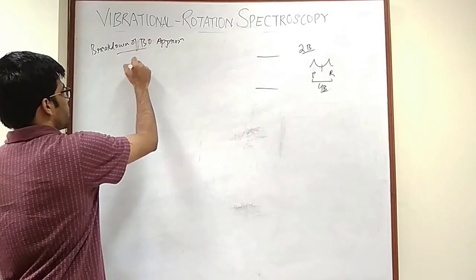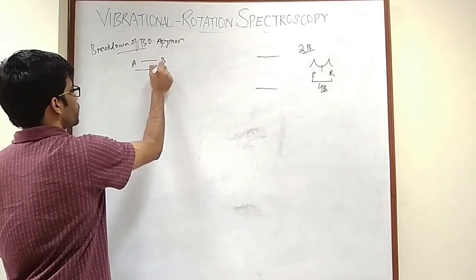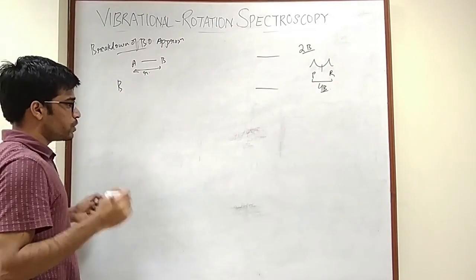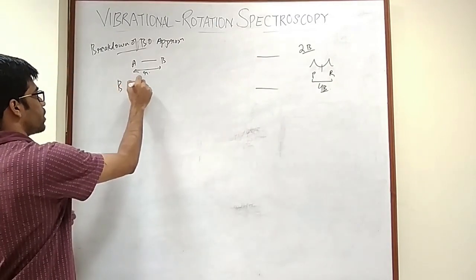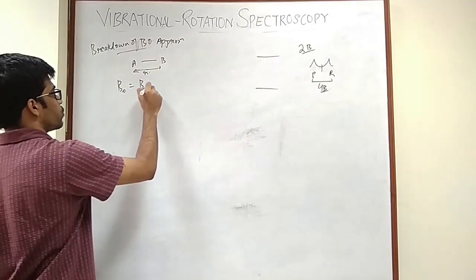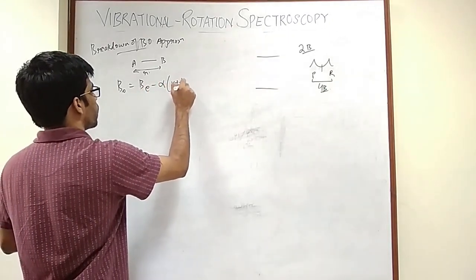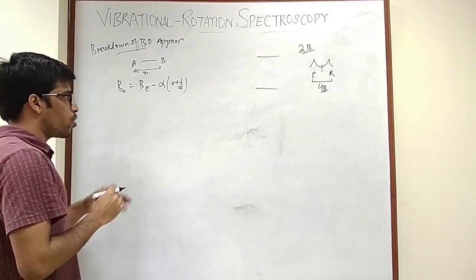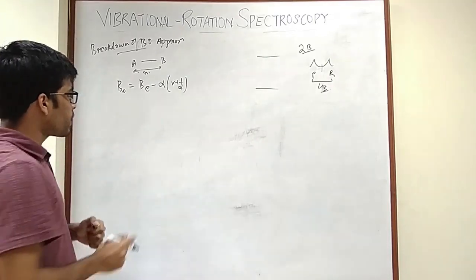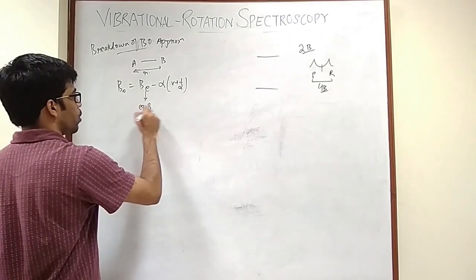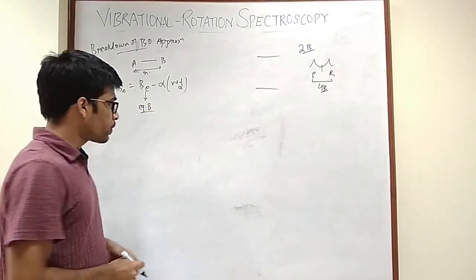Because the bond length is constantly changing, your rotational constant is also going to change. Now, the rotational constant can be represented by B0 equals Be minus alpha (v plus half). If I am not wrong, I think this should be the formula. Now, Be is the equilibrium rotational constant, that means at equilibrium bond length.